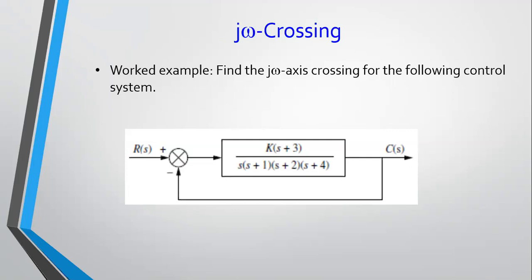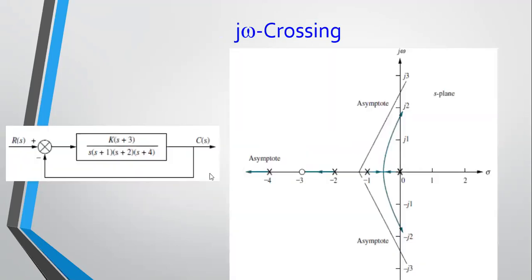So let's take an example here. If you have a unity feedback system with this following open loop transfer function, you can very easily apply the rules here. So first step, you're going to have poles at 0, minus 1, minus 2, minus 4. So 0, minus 1, minus 2, minus 4. And then you would have here a 0 at minus 3. So what you've done here, you can apply your various rules to find out the segments here. This is not part of the root locus.